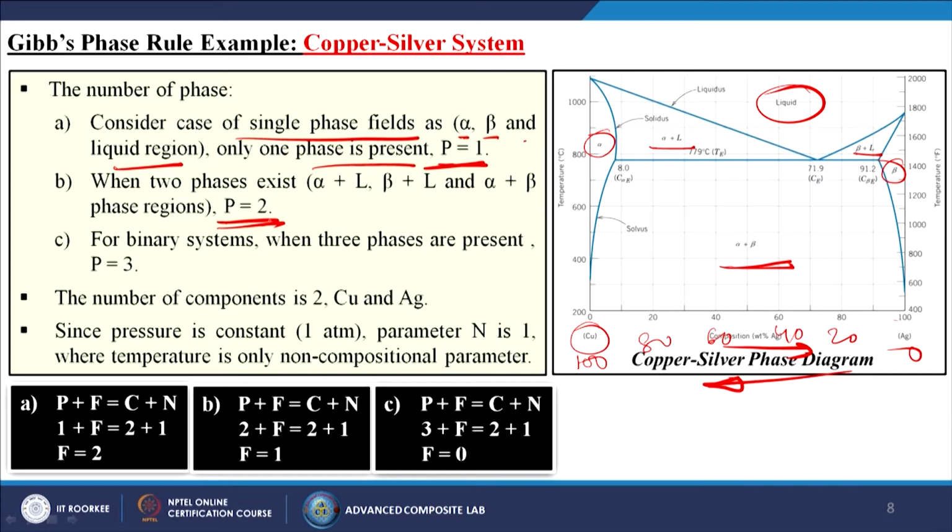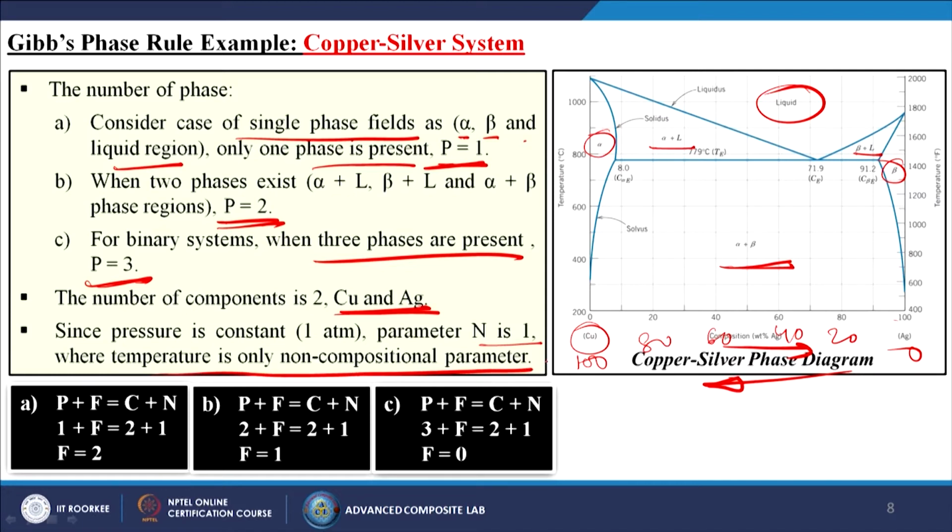For binary systems when 3 phases are present, P is equal to 3. The number of components is 2, that is copper and silver. Since pressure is constant here, at 1 atmosphere, parameter N is 1, as temperature is the only non-compositional parameter.